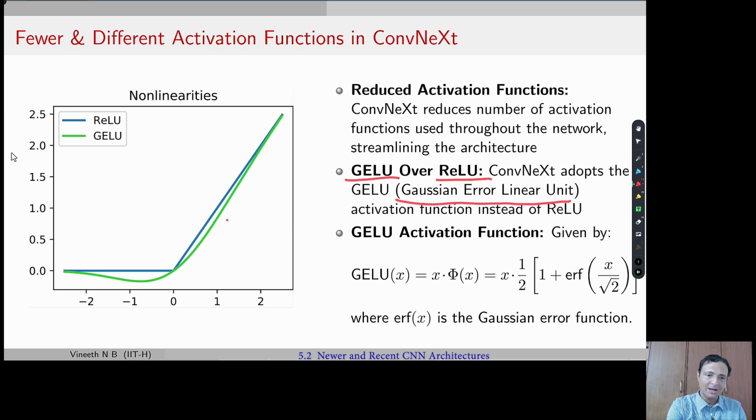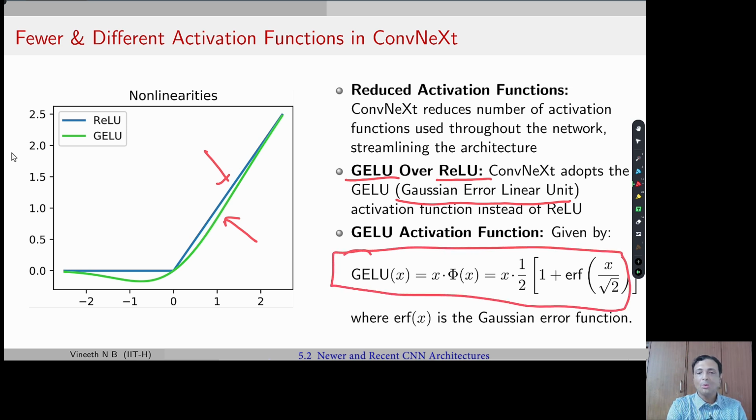As you can see on the graphs here, the GELU or the Gaussian Error Linear Unit is a smooth approximation of the ReLU activation function, and the GELU activation function is given by this expression here, where x is the input, phi of x is the Gaussian cumulative distribution function.